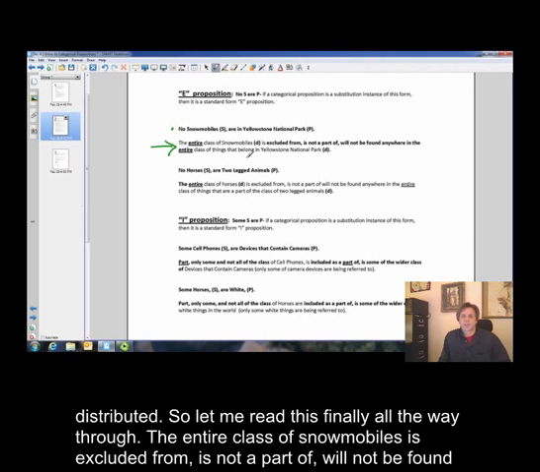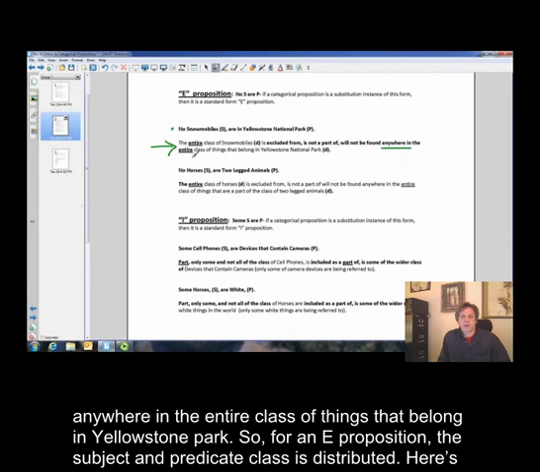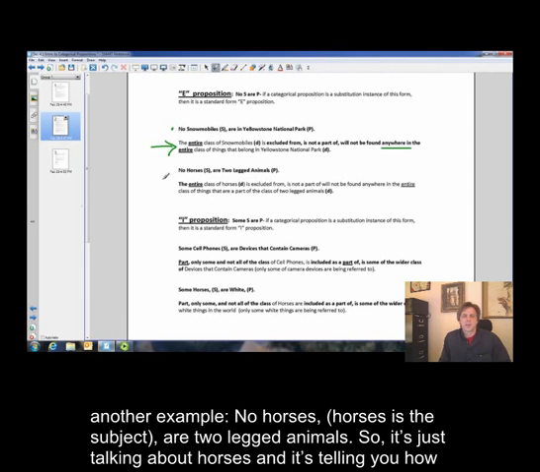So let me read this finally all the way through. The entire class of snowmobiles is excluded from, is not a part of, will not be found anywhere in the entire class of things that belong in Yellowstone Park. So for an E proposition, the subject and predicate class are distributed. Here's another example: no horses are two-legged animals.